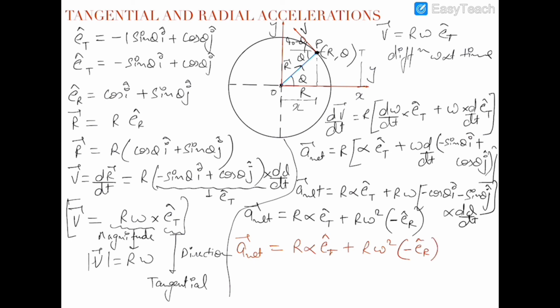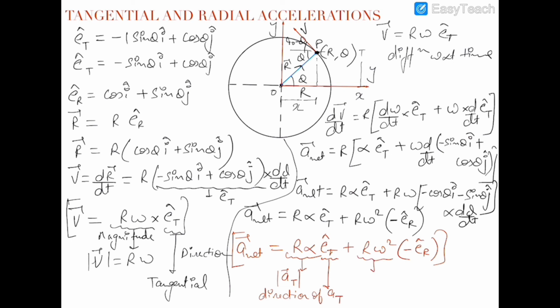This expression is itself enough to explain the complete concept of acceleration. It is explaining that this is the magnitude of tangential acceleration, r alpha, and this is the direction of tangential acceleration, of a tangential, which means that the direction of tangential acceleration is always in that tangential direction, and that is why we are referring to it as the tangential acceleration.